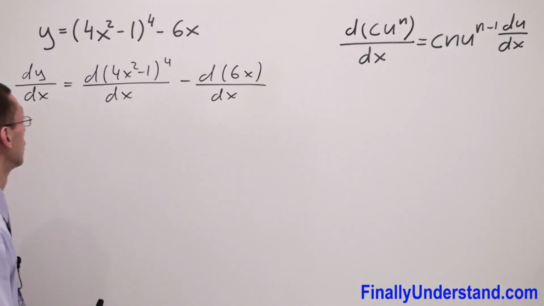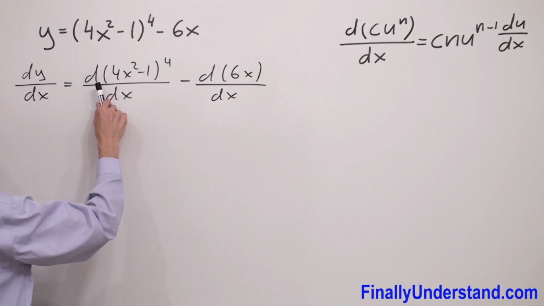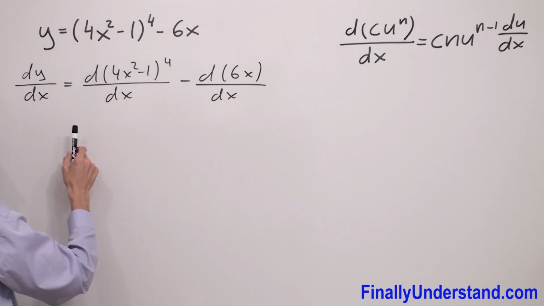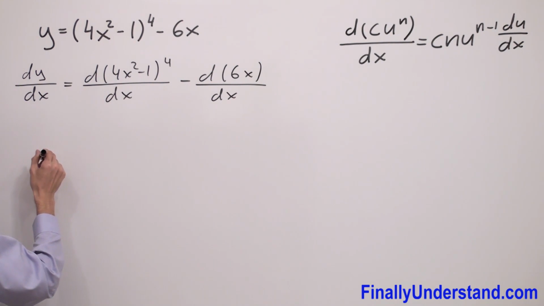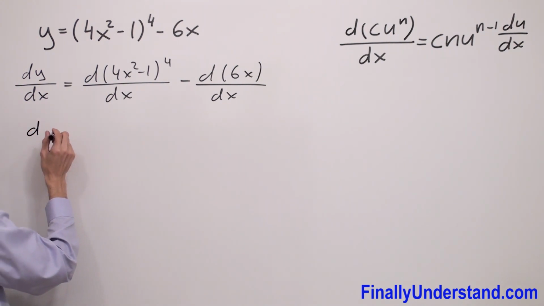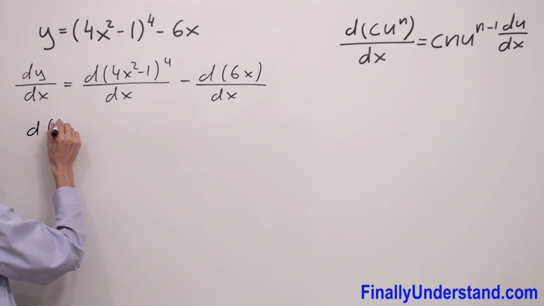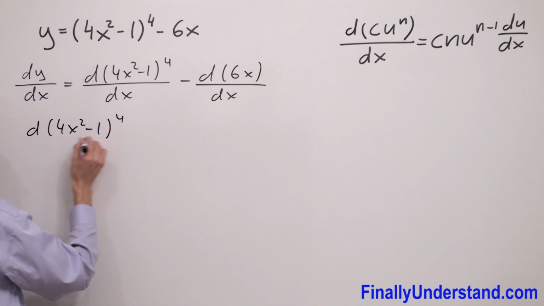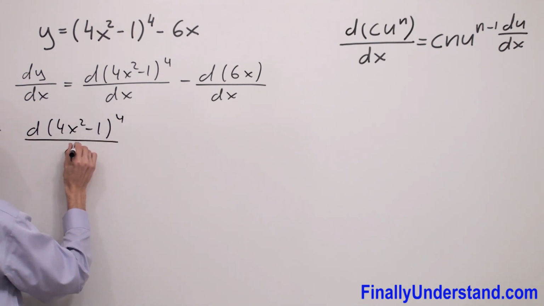function. So how are we going to solve the first part of my problem? We have to find the derivative of the composite function. So simply write the derivative of (4x to the second power minus 1) to the fourth power over dx.